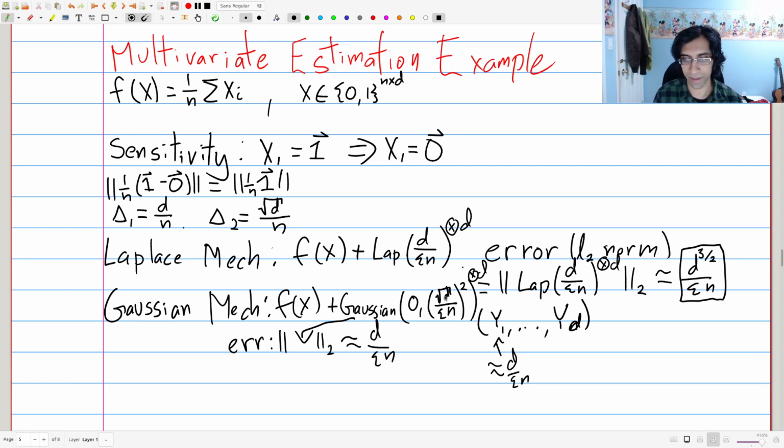This is basically taking the coordinate-wise standard deviation and multiplying it by square root d, which gives us the L2 error. You can check this yourself.